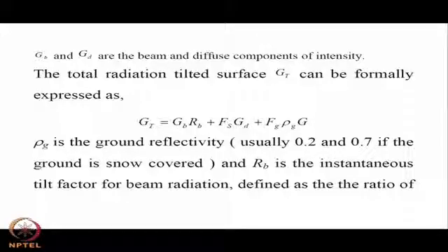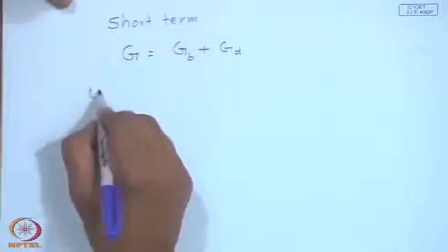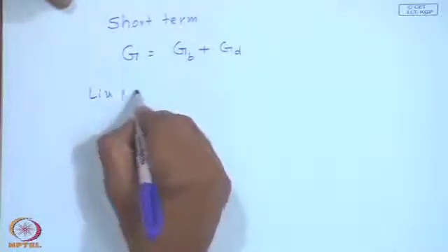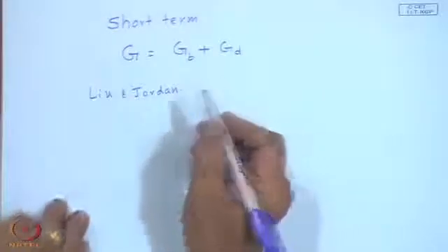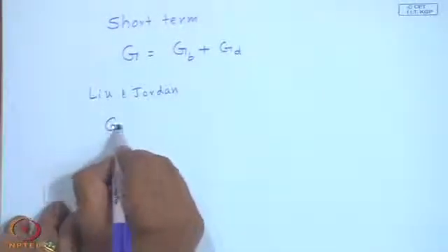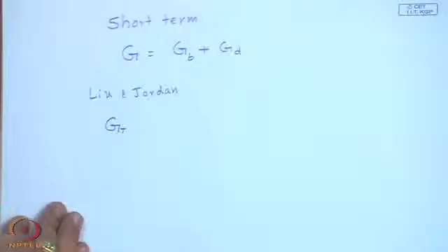Number of developments by Liu and Jordan again. They classified the radiation received by the tilted surface.